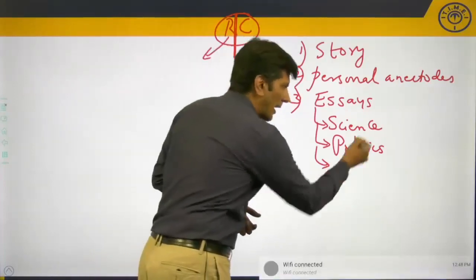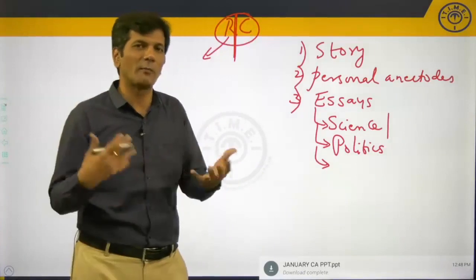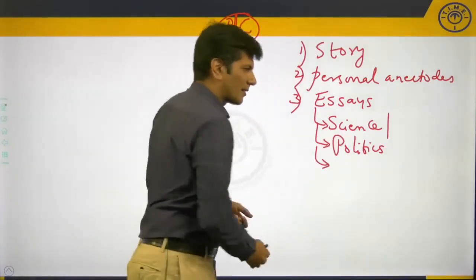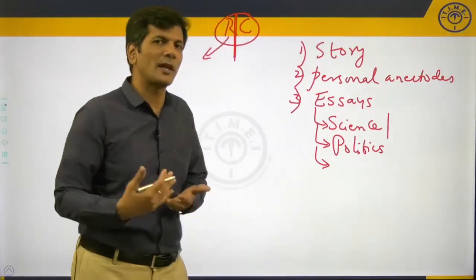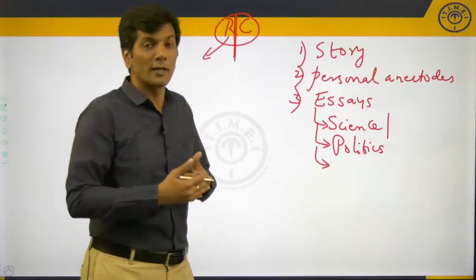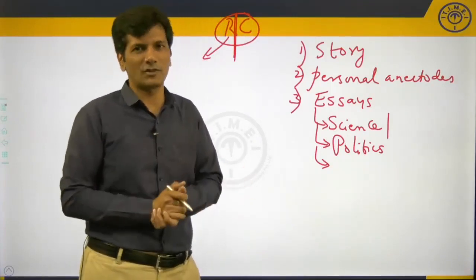It could be biological sciences. So when you say science, it could be anything: genetics, biology, anything per se. It could be politics, social sciences, any context per se. Or it could just be a news item or a news article as such.